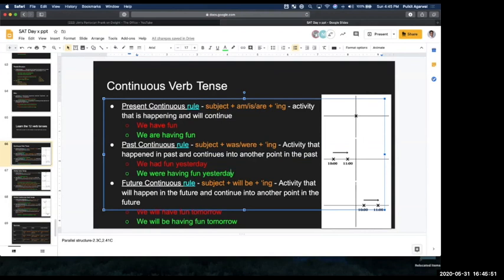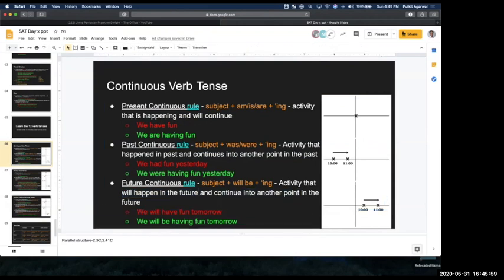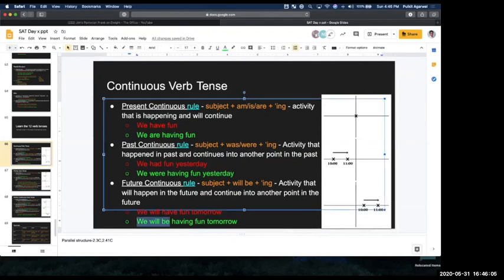And the future is something that will happen in the future and continue into another point in the future. So we will be having fun tomorrow. This is different than we have fun, we had fun, or we will have fun. The meaning changes.